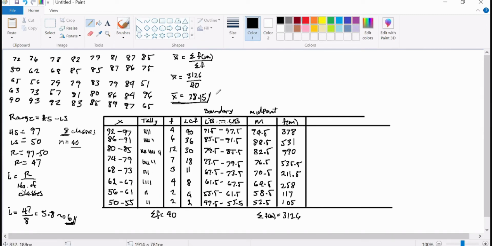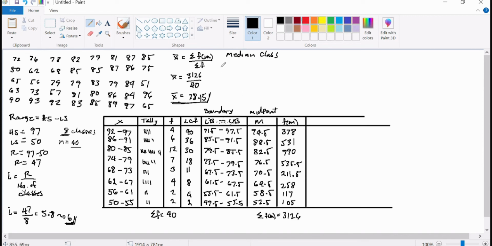We can get an actual value for the mean, but for median and mode, the easiest one that we can get is our median class. How do we get the median class? This is just the class, not the actual median.